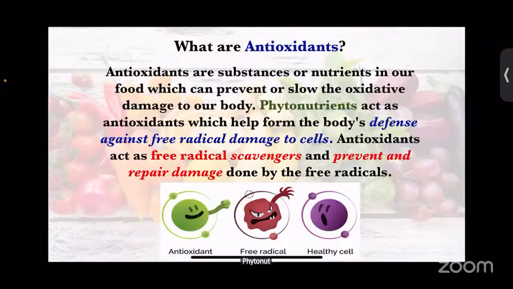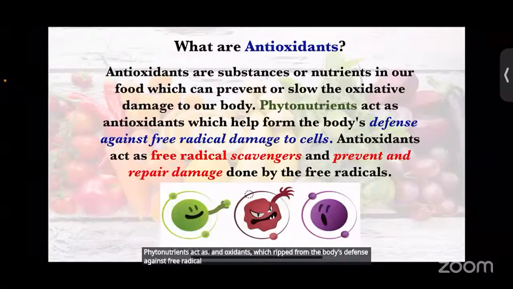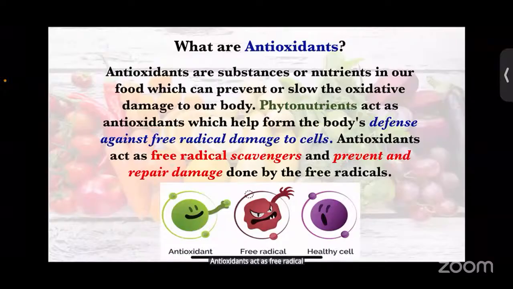Phytonutrients act as antioxidants which help to form the body's defense against free radical damage to cells. Antioxidants act as free radical scavengers, and they prevent and repair damage done by the free radicals.